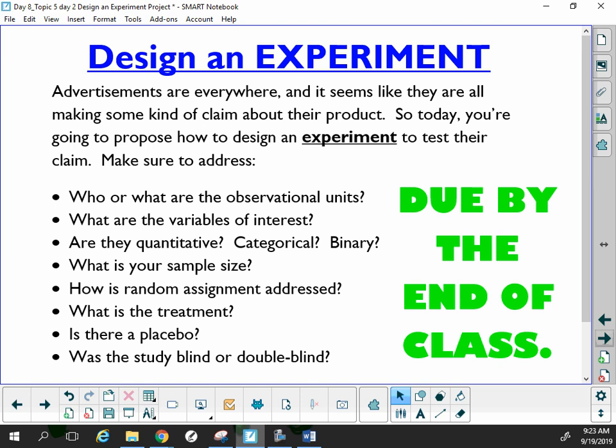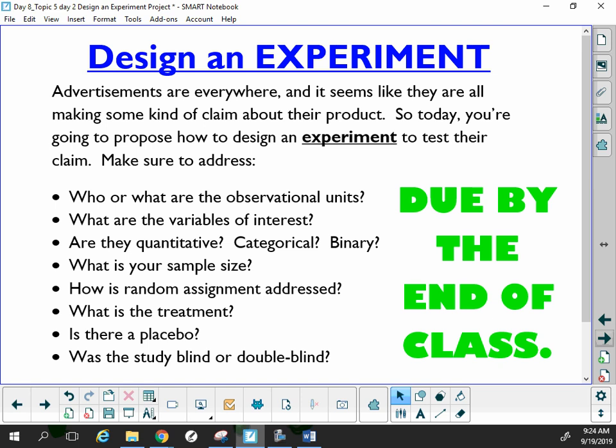Your job is to find an advertisement. I'll get more into detail on this in a second, but you're going to find an advertisement either in a magazine. On my black shelf over by the pod door, on the bottom shelf, there's a cardboard box full of magazines that you guys can use, or you're going to find one on Google, and I'll get to how you will use those in just a second, so don't go getting up and getting them yet.